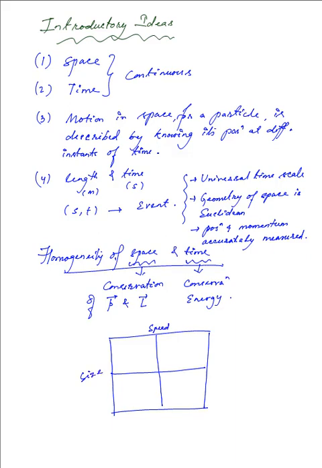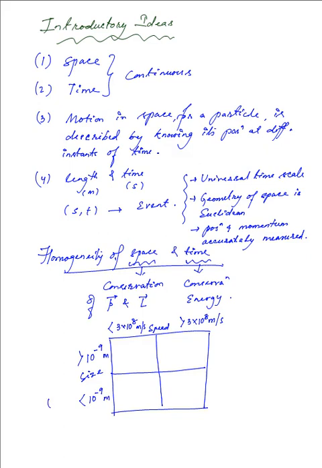For speeds we'll be taking two segments: the speeds below 3 times 10 to the power 8 meters per second, that is the speed of light, of course, and the speeds greater than that. Then for the sizes, we consider two basic cases: one with size greater than 10 raised to the power minus 9 meters, and less, that is in the angstrom scale. Actually, angstrom is 10 raised to the power minus 10, so that is obviously smaller than 10 raised to the power minus 9.